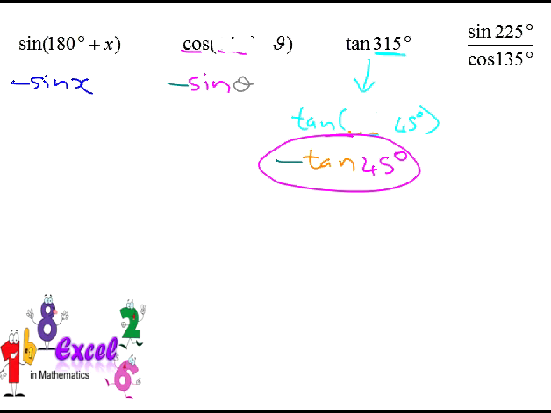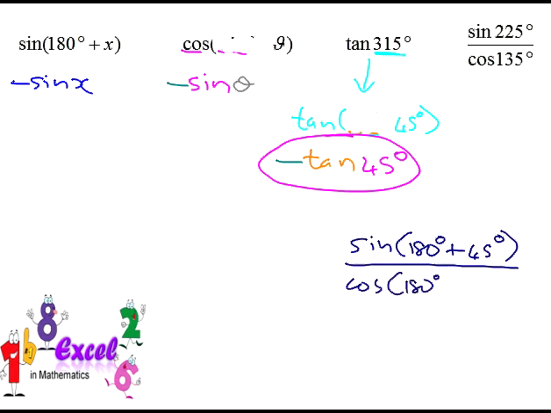And then just looking at the very last one, sine of 225 we can write as sine of 180 degrees plus 45 degrees. Below the line, we've got cos of 135, so we can write that as cos of 180 degrees minus 45 degrees. And then we apply the three-step rule for every one of those expressions individually.